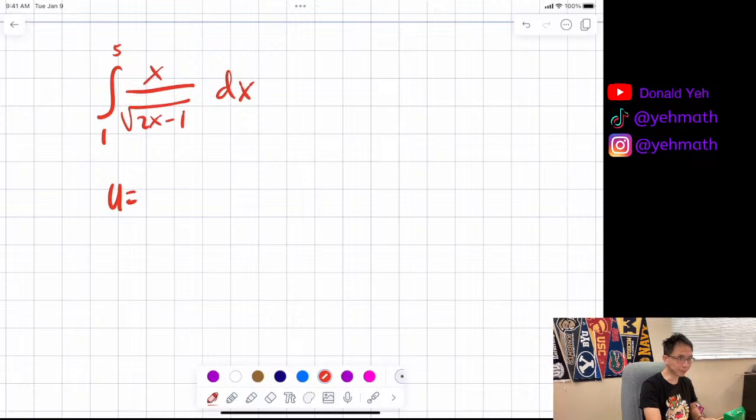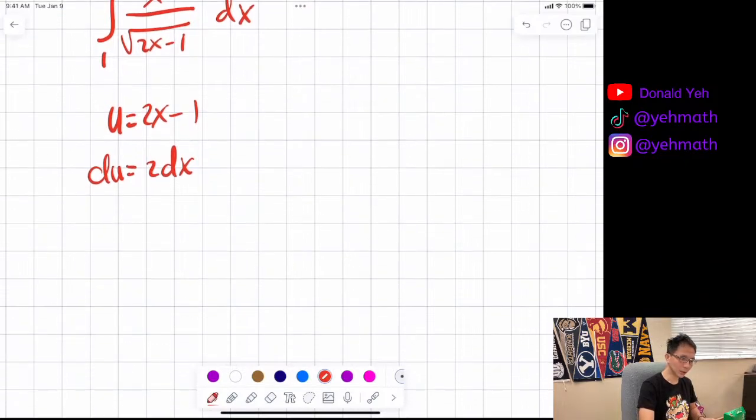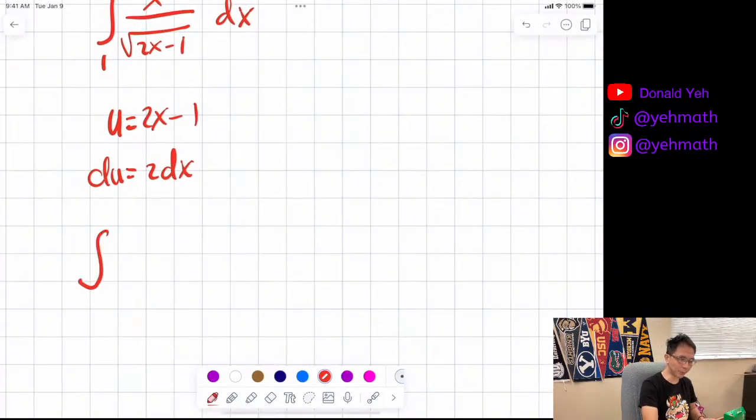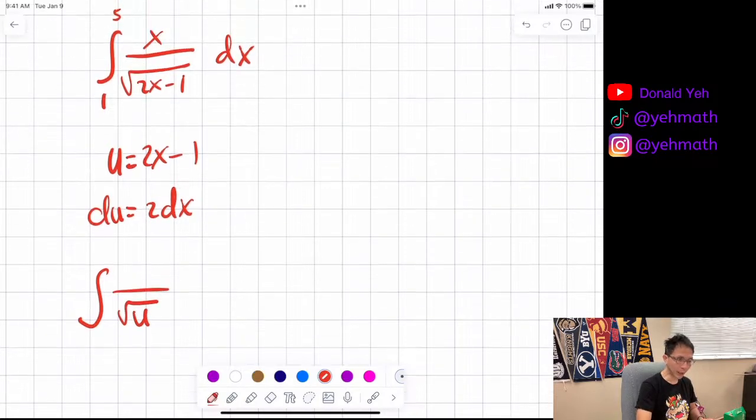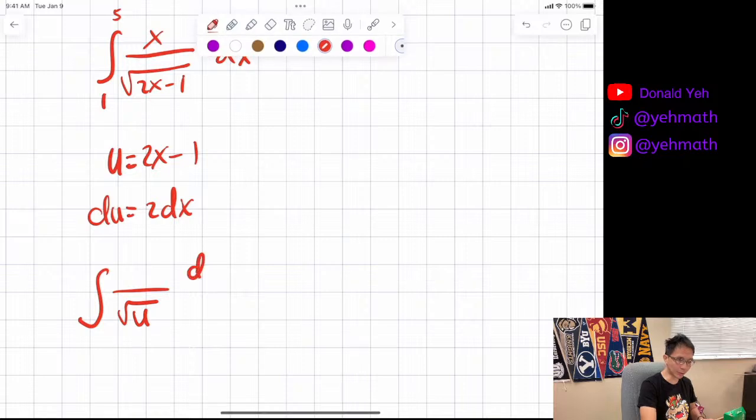Brandon, what'd you say? Both x's are the same power. Same power, good. It's 2x minus 1. du equal to 2 dx. Is that okay? And that's square root of u. And dx is du over 2.